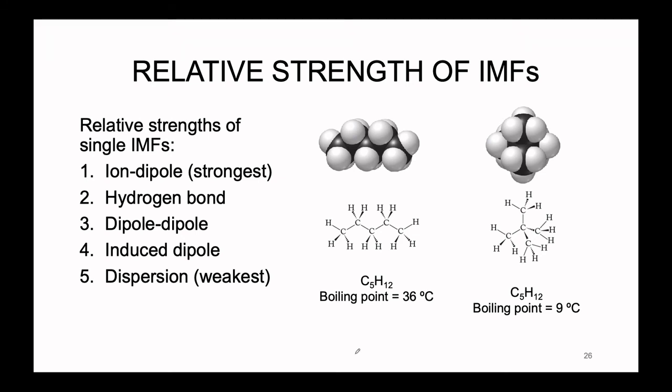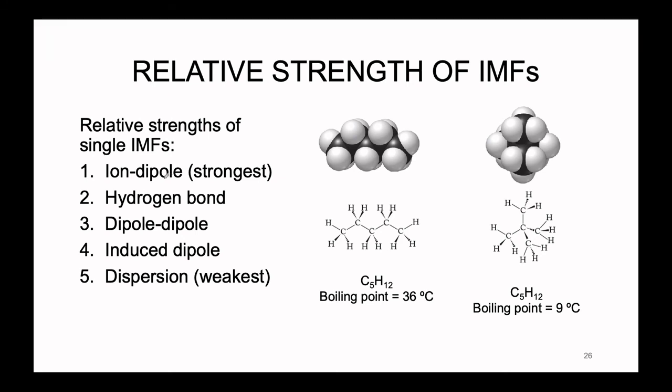The intermolecular forces that we have introduced today, ion dipole, the hydrogen bond, which is a special subset of the dipole-dipole, induced dipole, and dispersion, do not all have the same strength. They all have varying strengths.